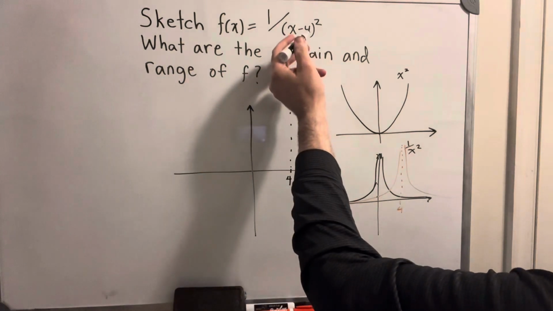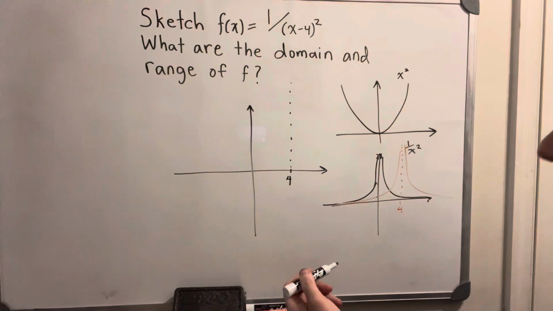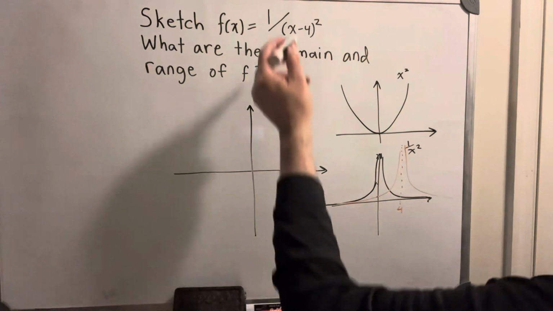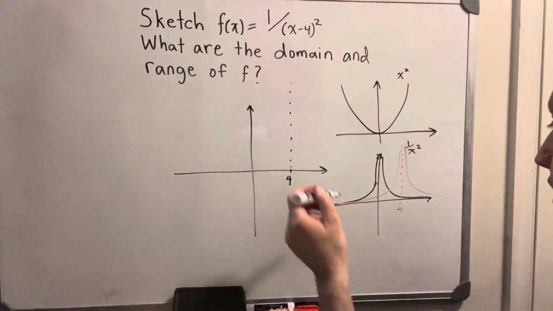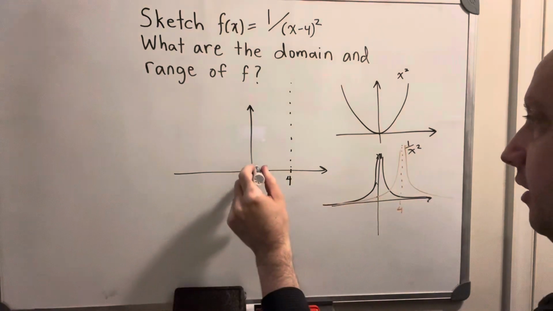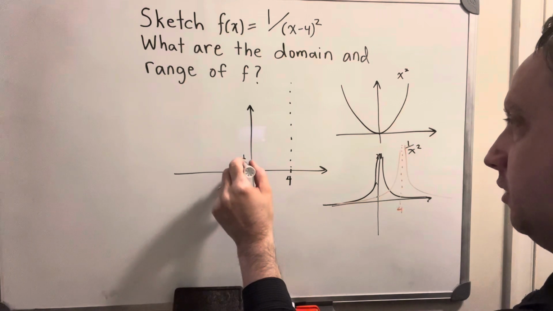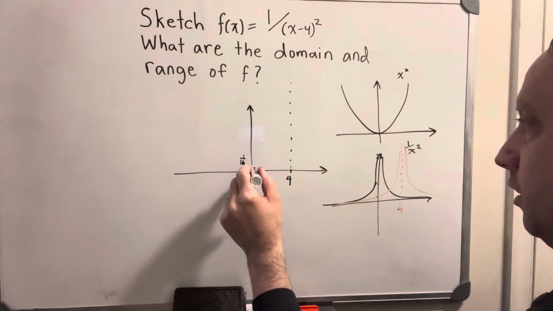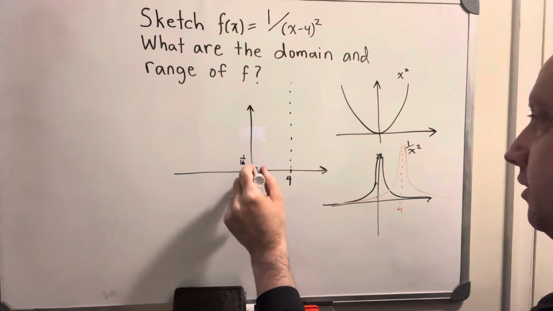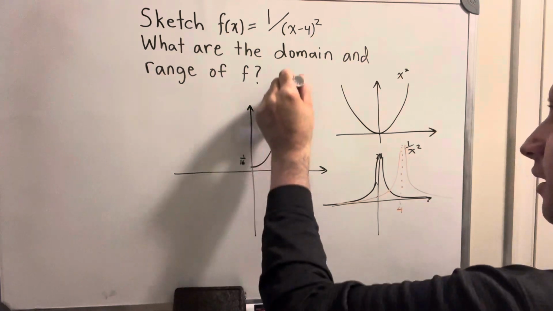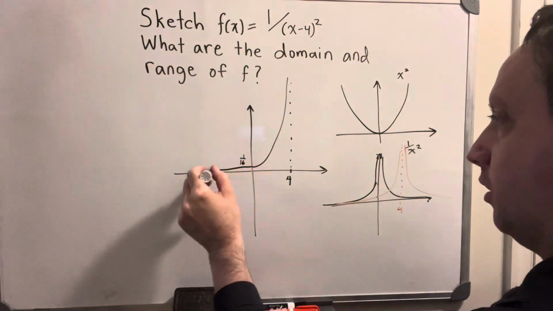What's negative 4 squared? 16, right? And 1 over 16 is 1/16. It's a very small number. It's just good to know certain points, and it's going to get smaller and smaller.